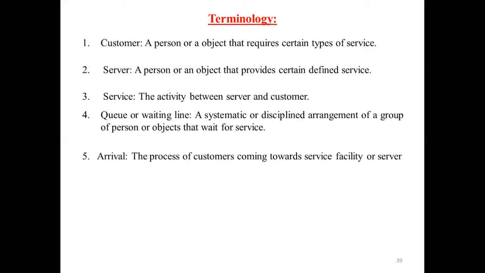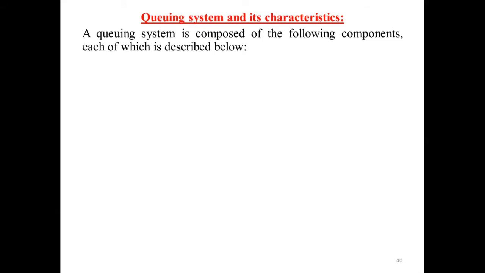Arrival: the process of customers coming towards the service facility or server to receive service is known as arrival. Next, queuing system and its characteristics. The queuing system is composed of the following components.